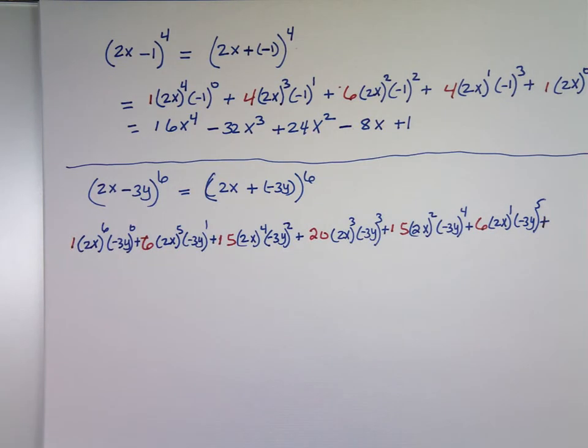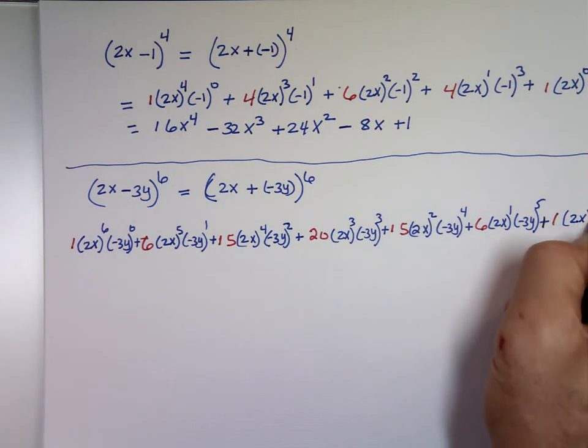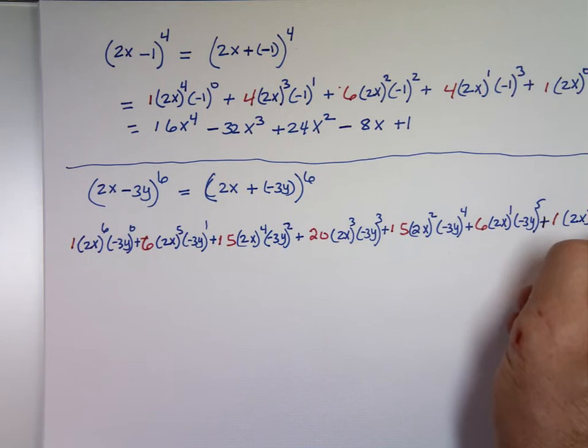Plus 2x to the power of 0 negative 3y to the power of 6.